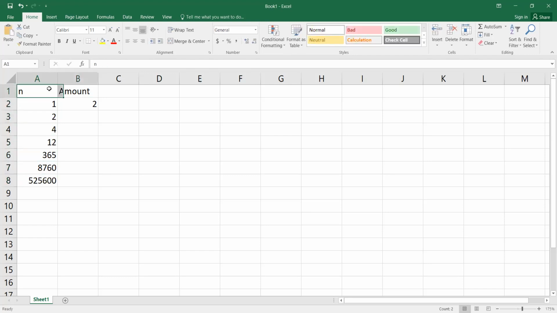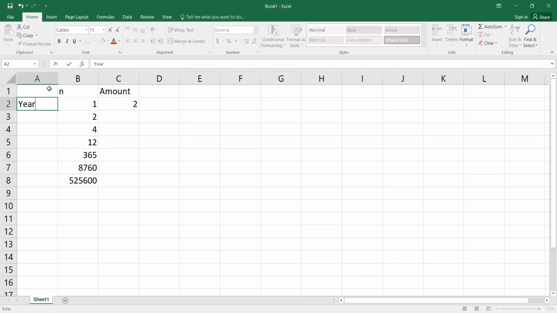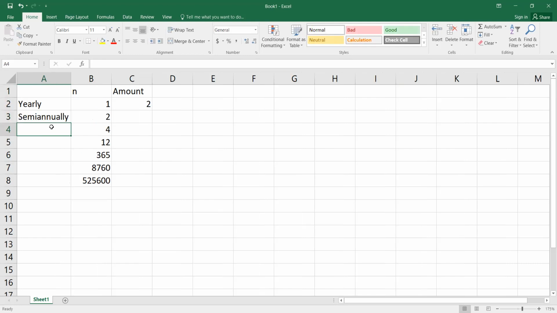Okay, I'll do one more thing. I'm going to shift this a little bit. So that's yearly, semi-annually, quarterly, monthly, daily, hourly, and each minute.